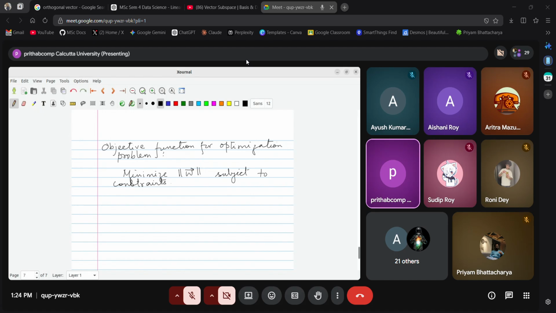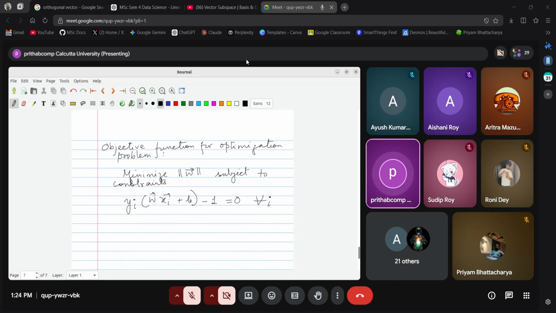What constraints? That yi into w xi plus b minus 1 is equal to 0 for every I. Where is this constraint coming from, you remember?